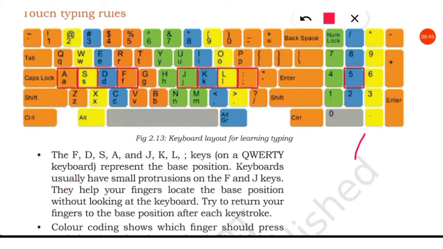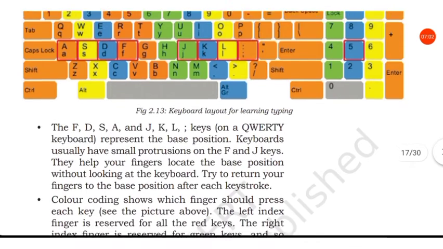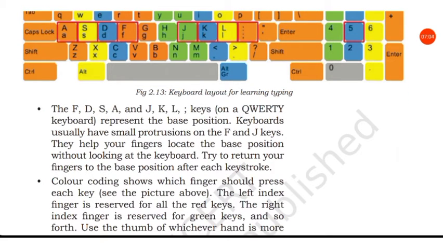Then we try to return fingers to the base position after each keystroke. That is, after moving the fingers to other keys, we return our fingers to the initial position. Then this color coding shows which finger should press each key.